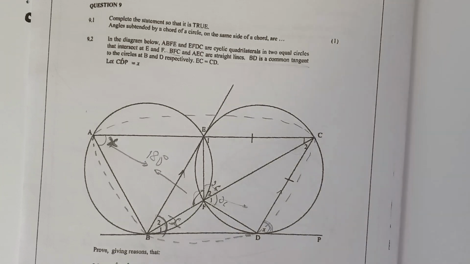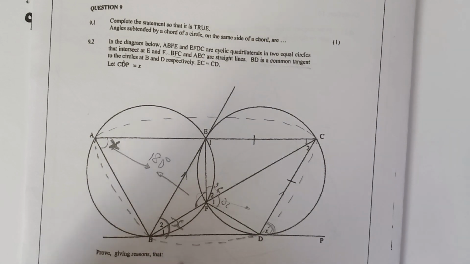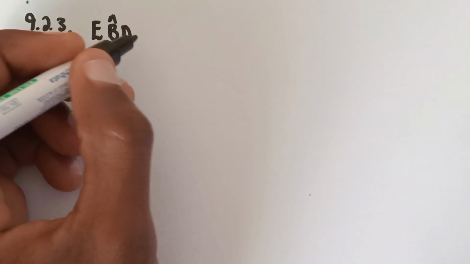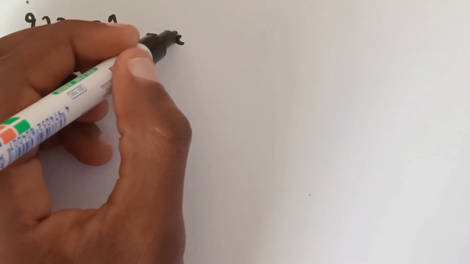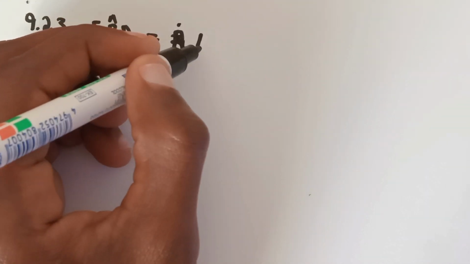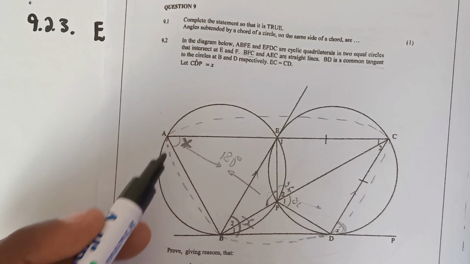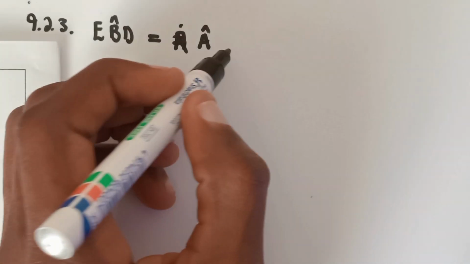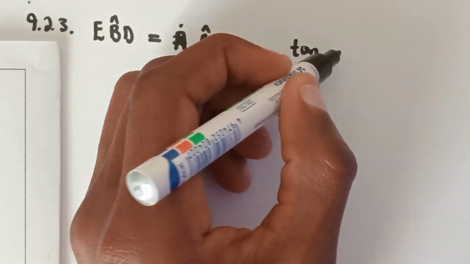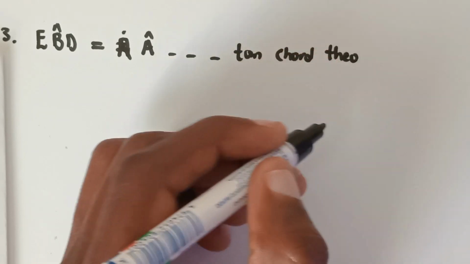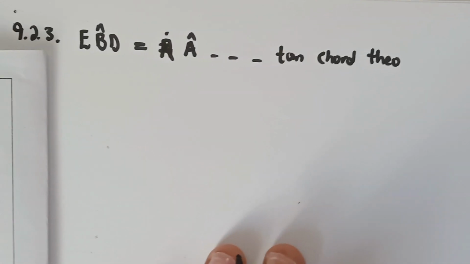So what we said here is that angle EBD is equal to A. The angle that we did prove here, that is equal to A, is because of the tan-chord theorem. Just say so.